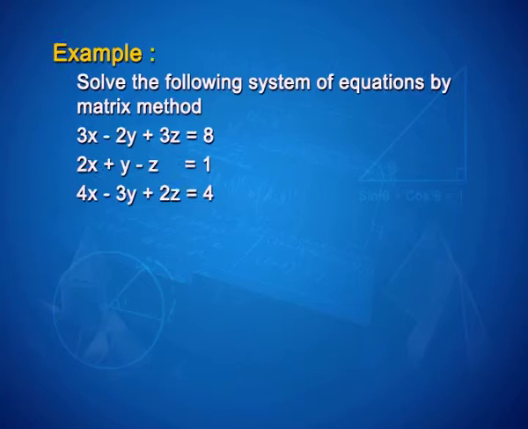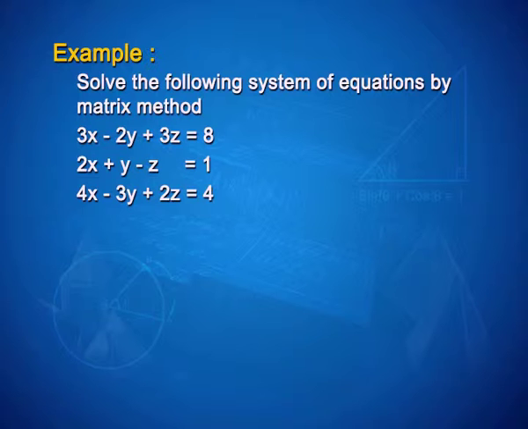Now students, let us solve a problem using matrix method. Solve the following system of equations by matrix method: 3x minus 2y plus 3z is equal to 8, 2x plus y minus z is equal to 1, 4x minus 3y plus 2z is equal to 4.